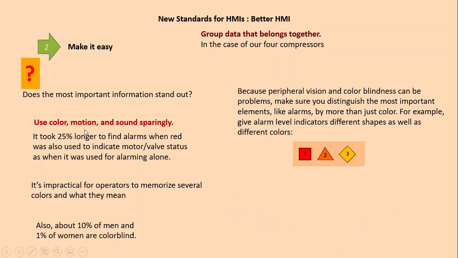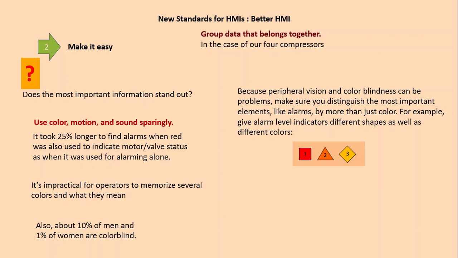Another point is, when using color, the operator has to memorize what color is for what, and there might be a difference of understanding from one operator to another, and there might be times when the operator is colorblind.